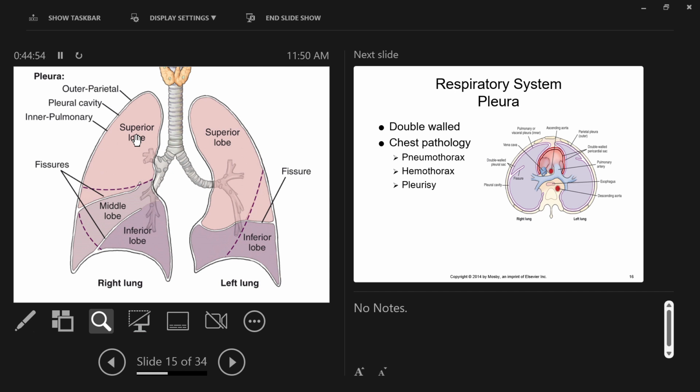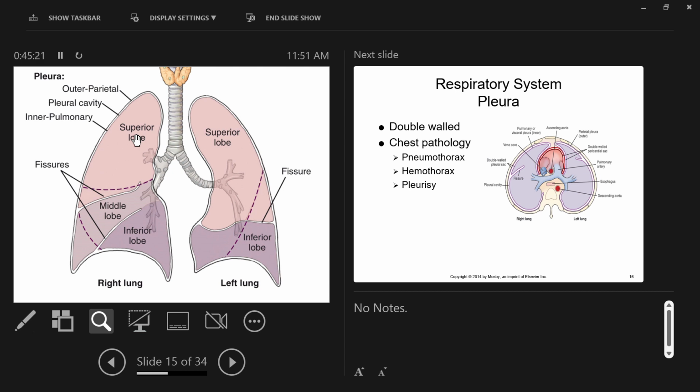Okay, making a double layer, or pleura, for plural, for more than one. So you have an outer pleura and an inner pleura, and the space between them called the pleural space or pleural cavity. This is a space where there is slippery fluid that allows the lungs to move freely, taking up the whole space, but moving freely without rubbing up against ribs every time you breathe.